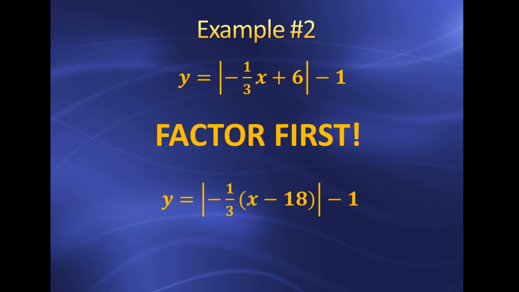If we factor -1/3 out, remember to include the negative sign in your factoring, then we get the absolute value of -1/3 times x minus 18, minus 1. Now we can evaluate this for its transformations.